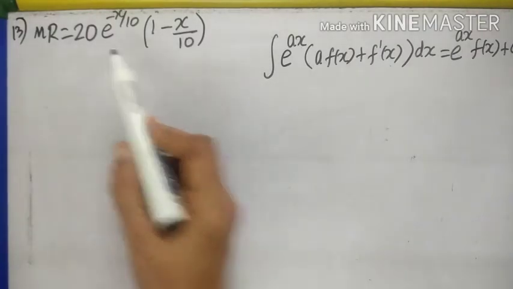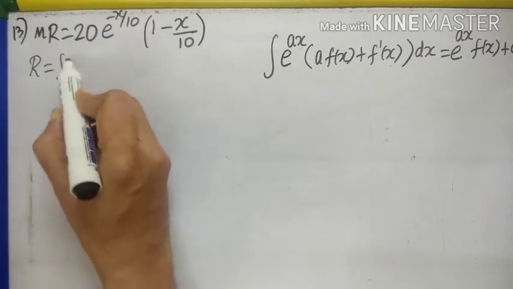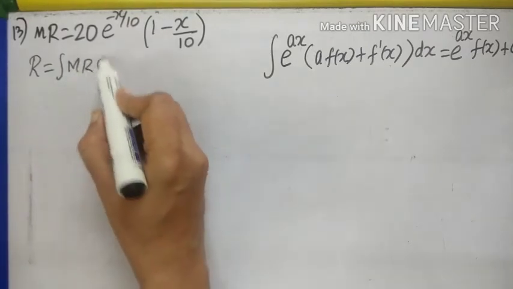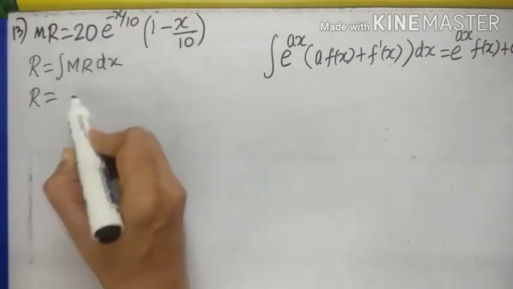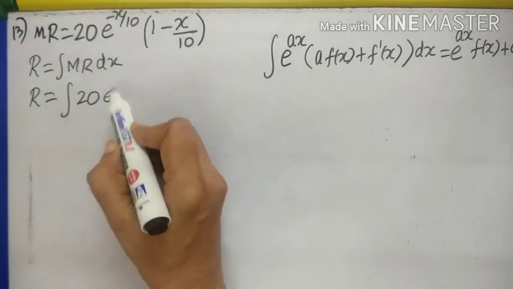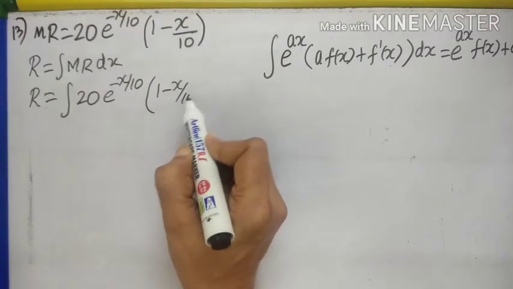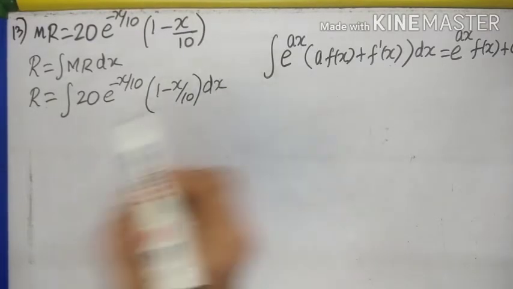To write this problem in this pattern, R is equal to integral MR dx. That is, R is equal to integral 20 e power minus x by 10 into 1 minus x by 10 into dx.